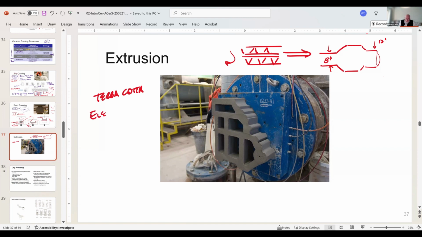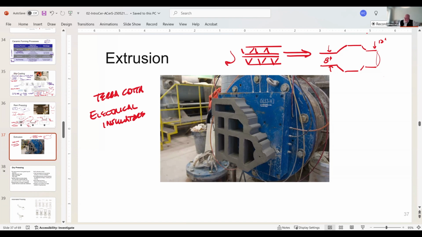Electrical insulators. There was, I'm not sure it's still there, in Baltimore, Maryland, a Lock Insulator Company.